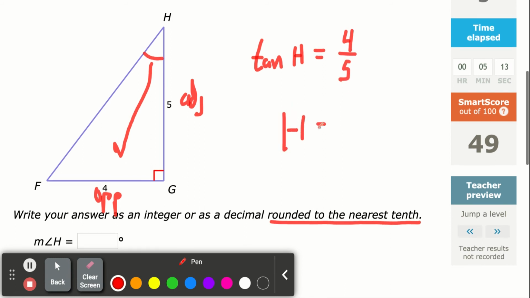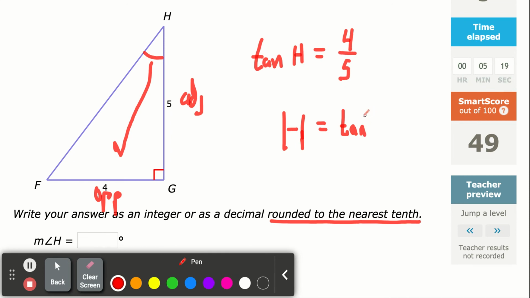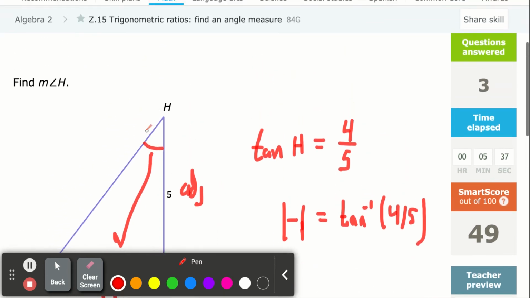Well, now how do I find the measure of angle H? Well, I use my calculator, and I do the inverse tangent key, which is the second key and the tangent button. It'll have this little -1 that appears, and then you type in 4 divided by 5, and you get your answer. Just make sure you're in the right mode as far as does it ask for it in degrees or radians.